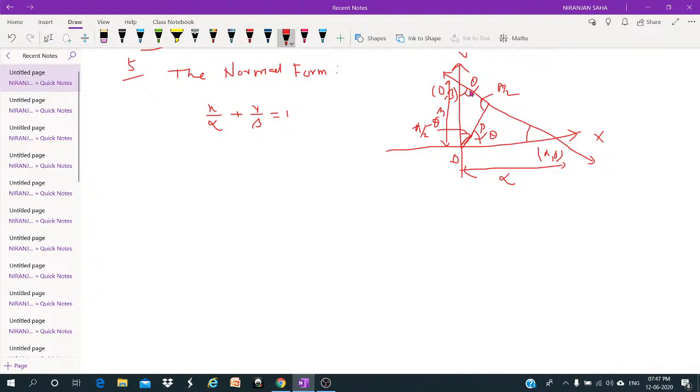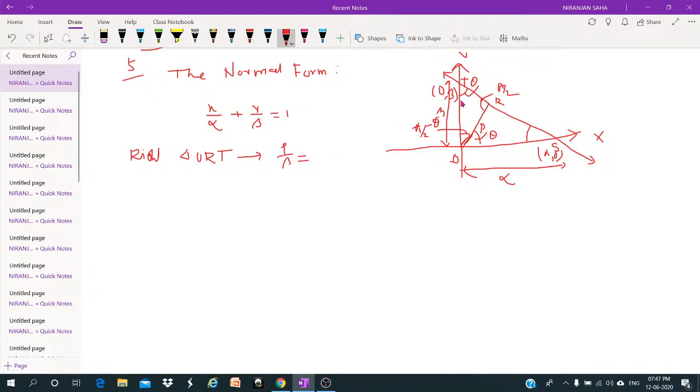So this is a right triangle ORT. Right triangle ORT gives us p by beta, perpendicular by hypotenuse. p by beta is equal to the perpendicular with respect to this angle.